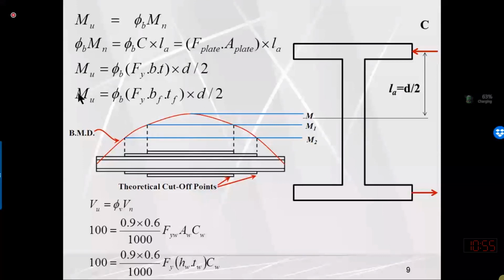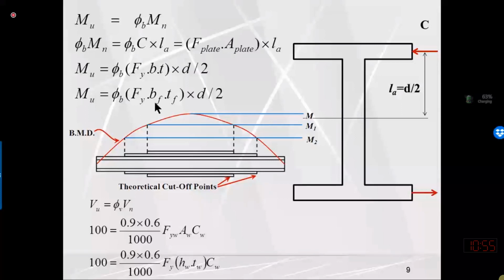Let's suppose Mu is equal to M, so we will have the maximum values of bf, tf, and d. If at another point the moment is less, M1, and we replace the Mu value with M1, then to balance this equation we also need to reduce some parameter. So we can play with the depth, the thickness of the flange, or the width of the flange.